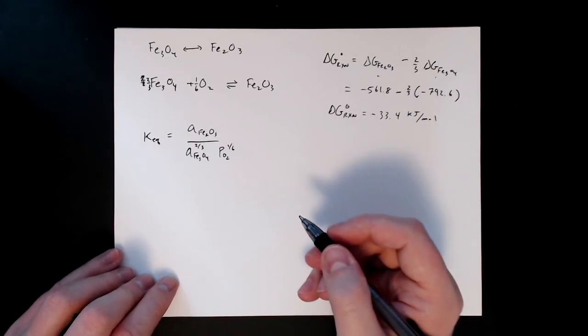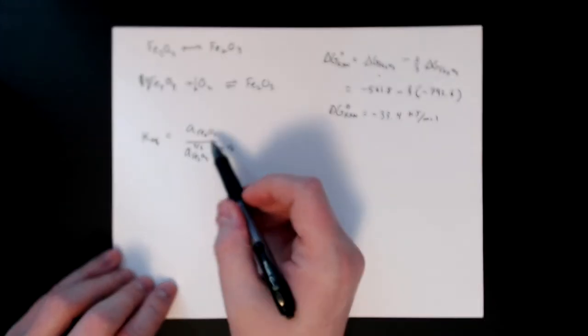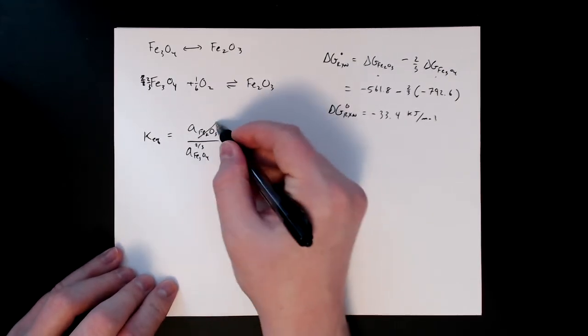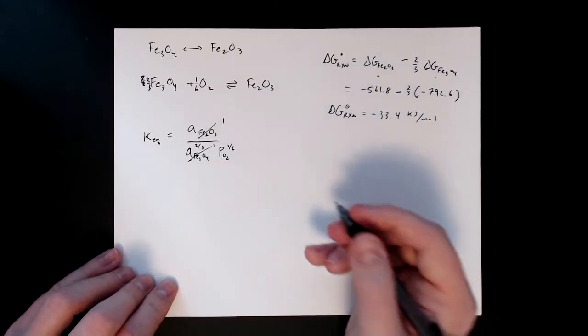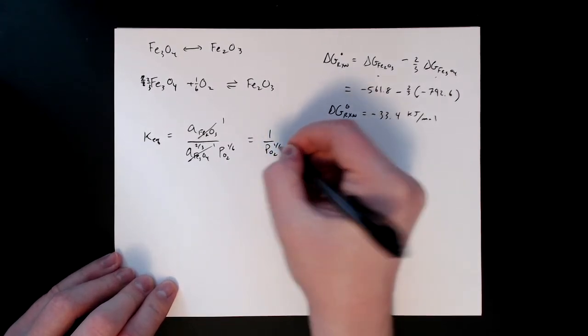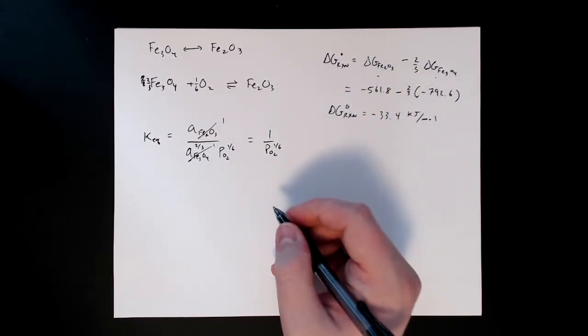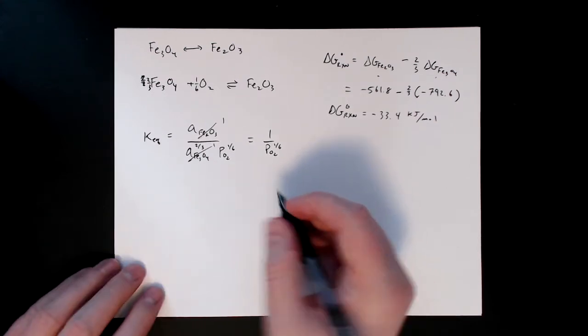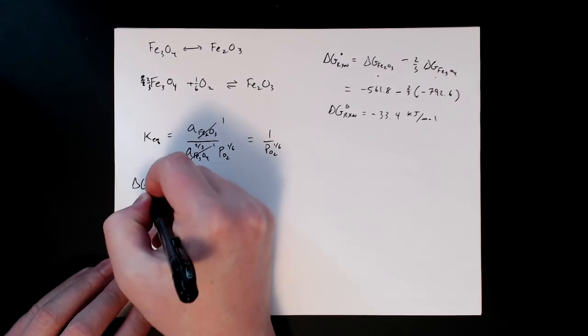So that's the difference here. Again, we're going to assume that these are pure solids, so this goes to 1 and this goes to 1 as well, and we're left with 1 over PO2 to the 1/6. And then we're going to algebraically work through the expression.